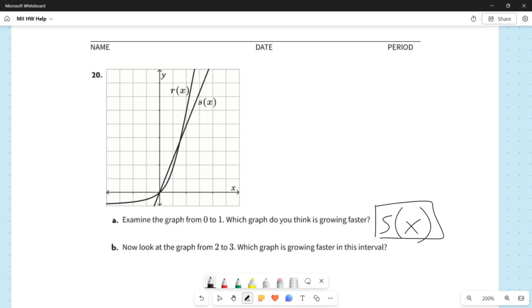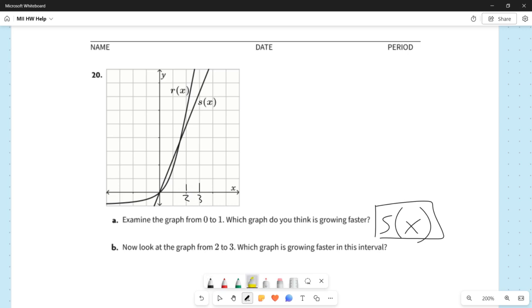20b says, now look at the graph from 2 to 3. Which graph is growing faster in this interval? So again, I'm not going to zoom in this time because I don't think it's quite necessary. So 2 to 3, so 2 is there and 3 is there.